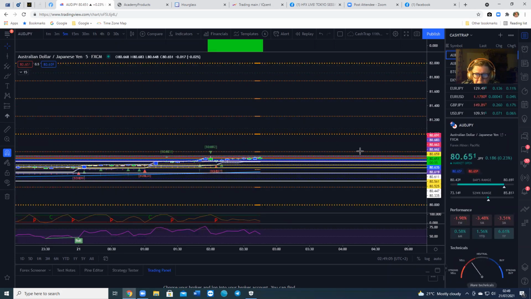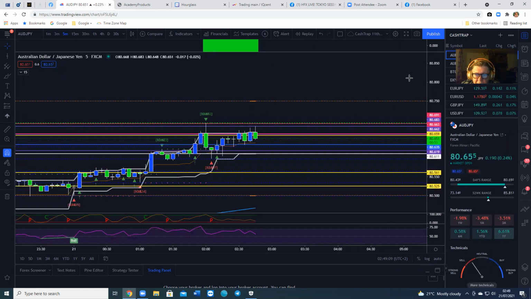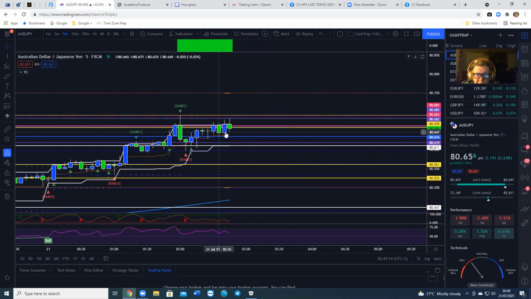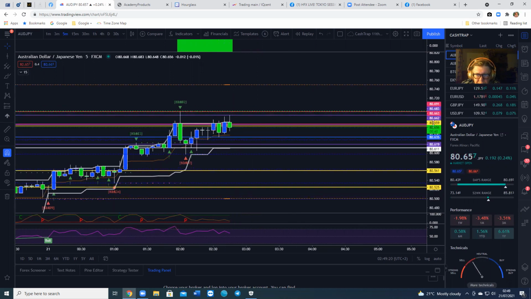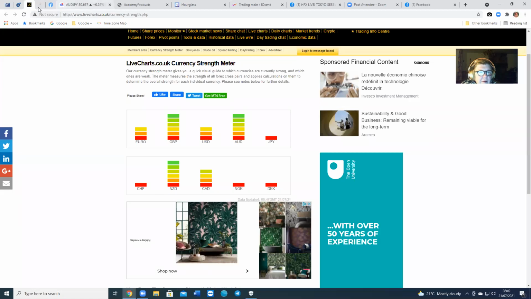Just keeping an eye on our Audjpy one. That was off that 15-minute line, 683. Maybe I'll come back to that because that's still, the yen is weakened.